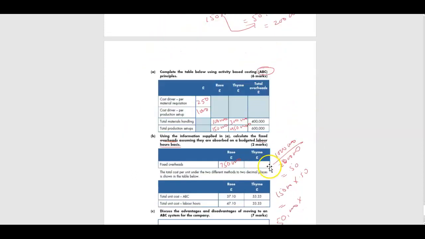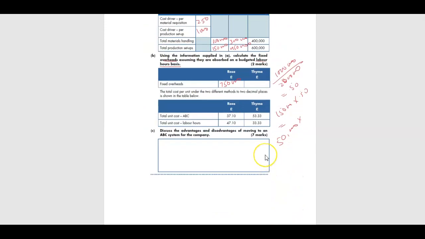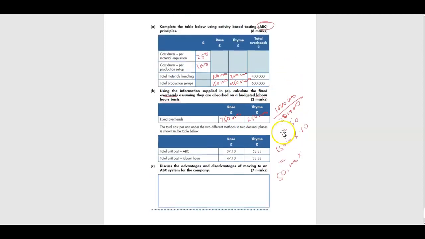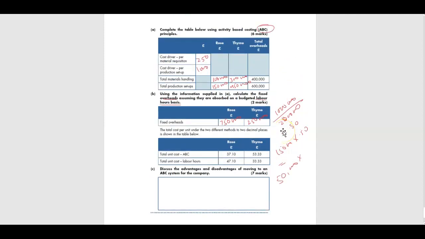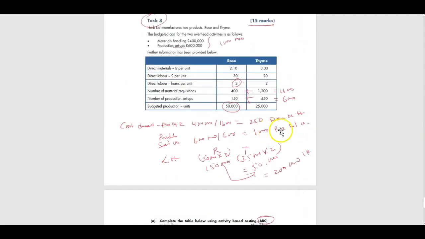So we can see that's how we can calculate. So we have 150,000 hours for our rows, so you multiply with that, and 250,000 you multiply with that, and of course that's the total overhead that we have to split between rows and theme.